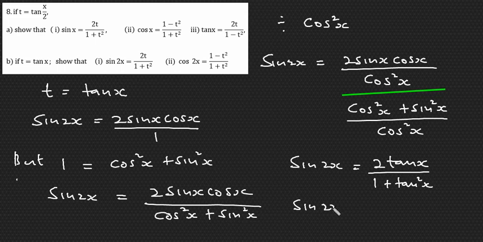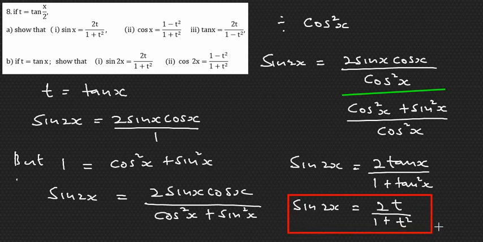So sine 2x will be equal to 2t, because our tan x is equal to t, over 1 plus t squared. So that is the proof we have shown.